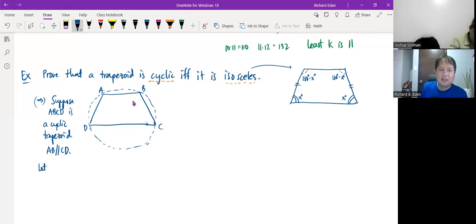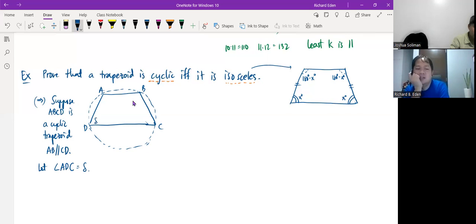Let angle ADC be delta. We can show that this is isosceles by showing that angle C must also be delta. Paano natin mapapakita na delta si angle C?